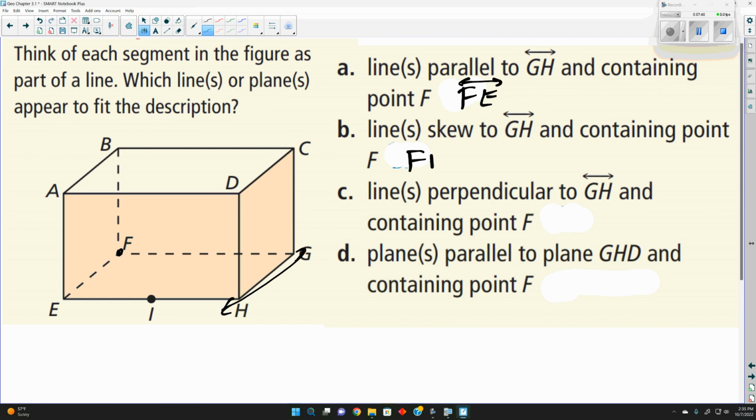So FB would be skew. So with this here, lines perpendicular to GH containing F, one of the points is going to be F. This time it would be FG, because we're going to say that they do intersect at right angles.